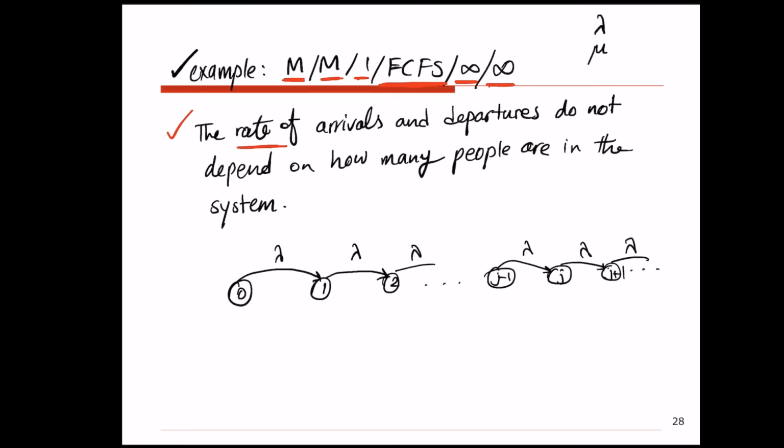And similarly for the rate of departure, no matter how many people are in the system, the rate of departure from any possible state is mu. So even if I have 2 people or j minus 1 people or just 1 in the system, the rate of departure from the system is mu. Remember we said the rates are specified per unit of time.